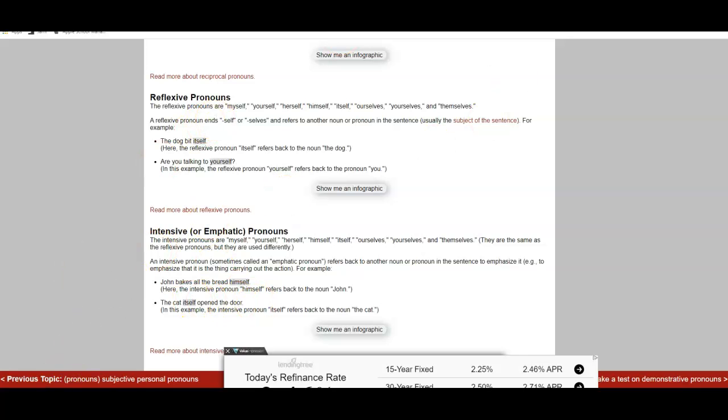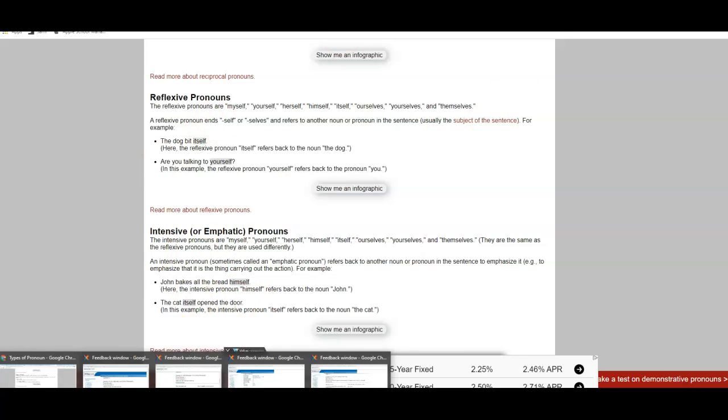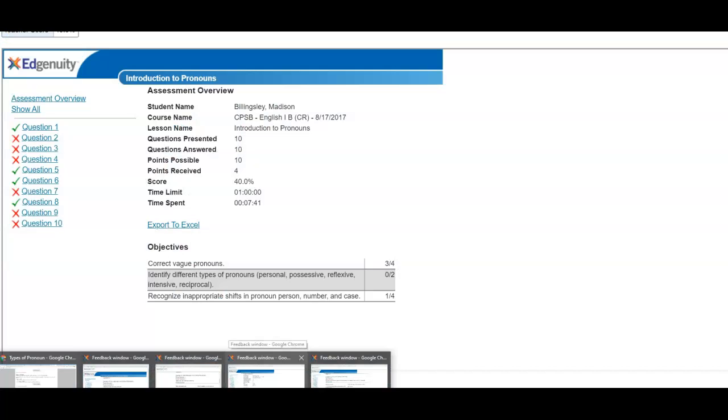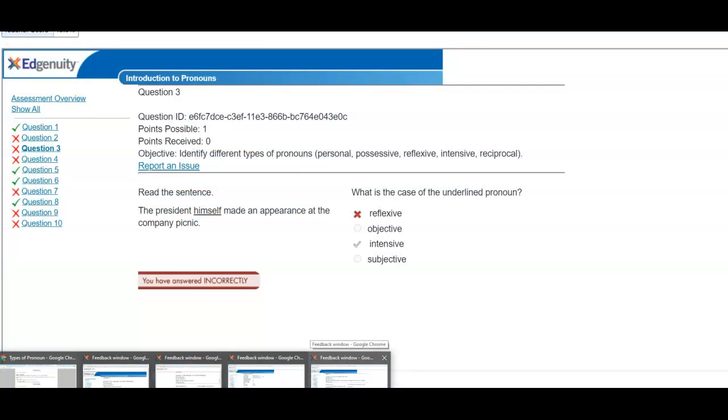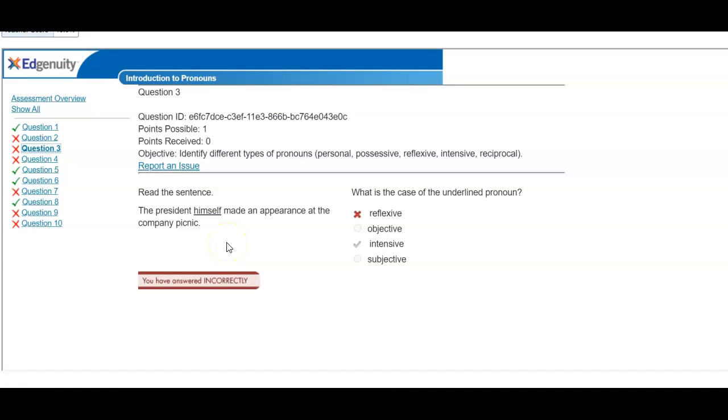Okay? So let's go back. Reflexive and intensive. That makes sense that you would miss that because they're very similar. However, this says the president himself.